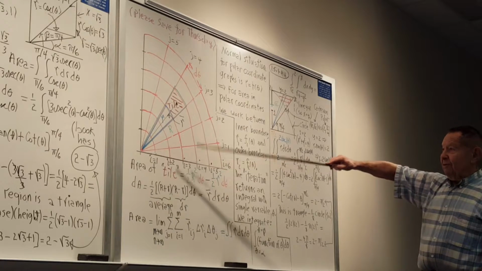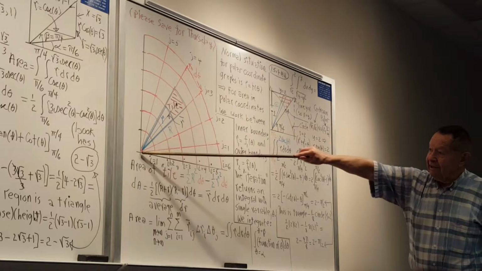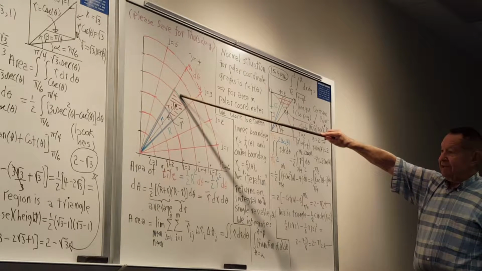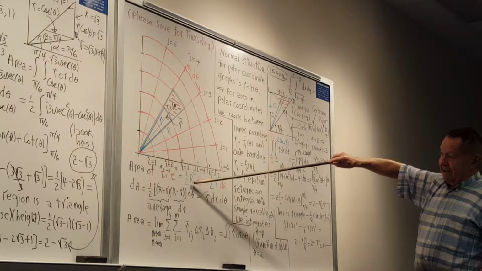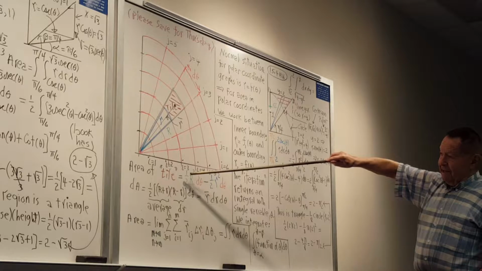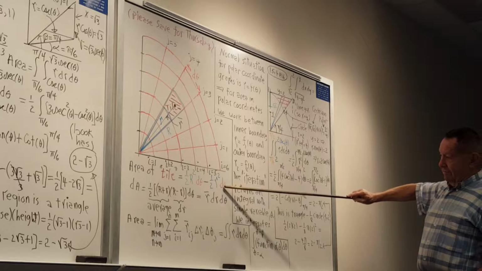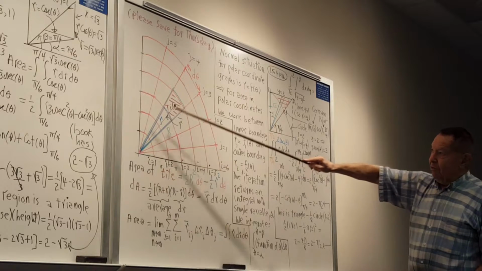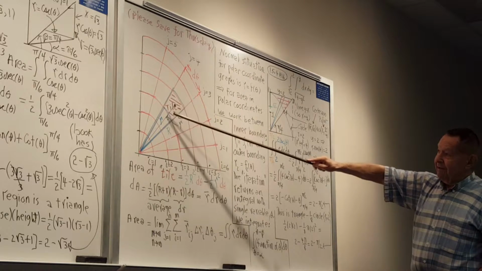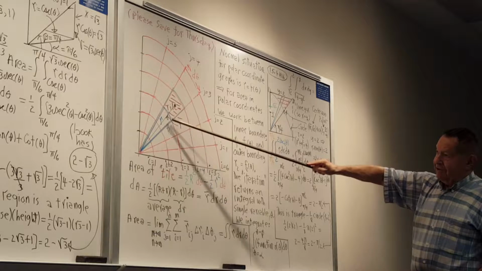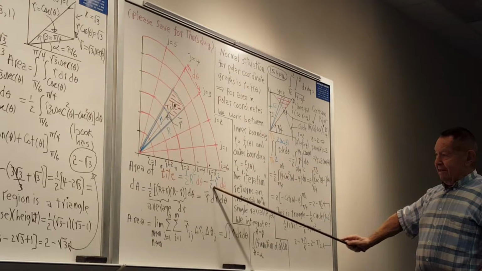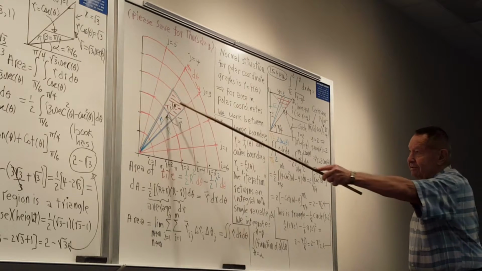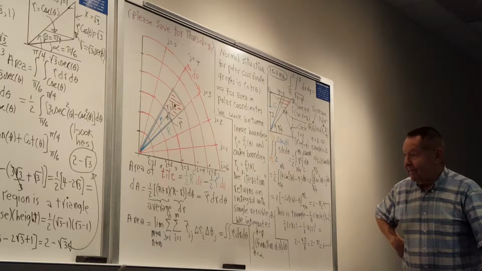So therefore, we could say for the sector where the green is the outer radius, that's capital R, so 1/2 capital R squared d theta would be the area from the pole to there. Then for the inner edge, that's little r, that area is a half little r squared d theta. So the difference is the area of the tile.